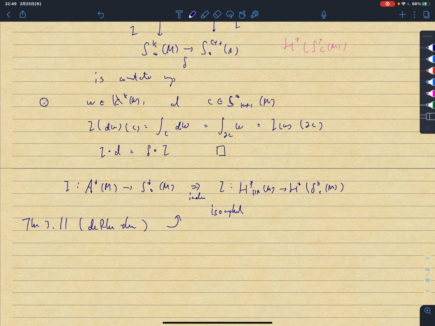This is the statement: M is a smooth manifold, and the cochain map I induces an isomorphism from H star of A star M.